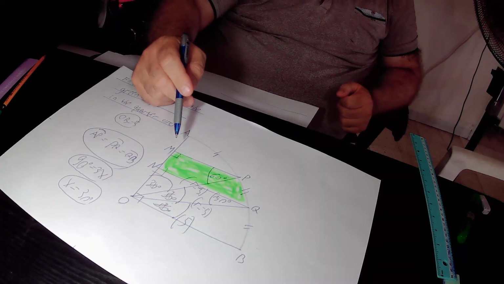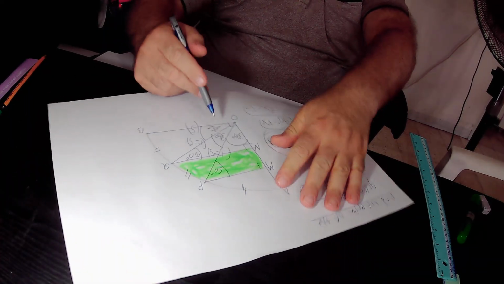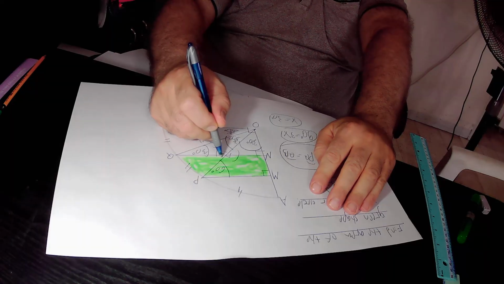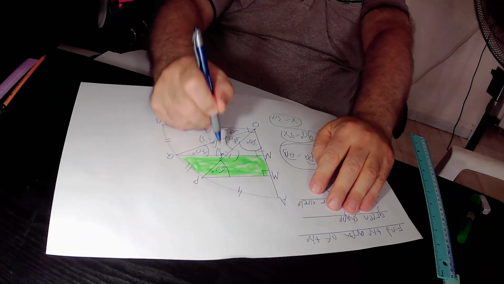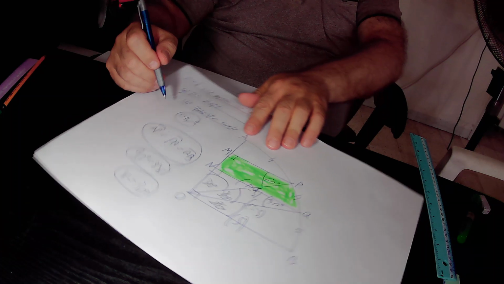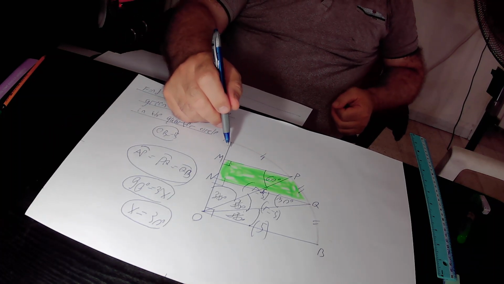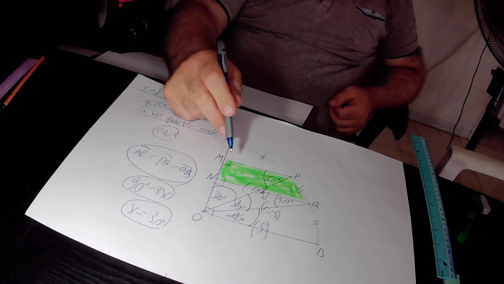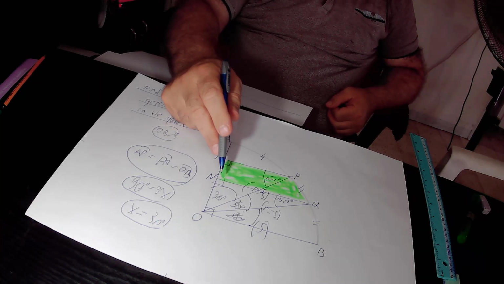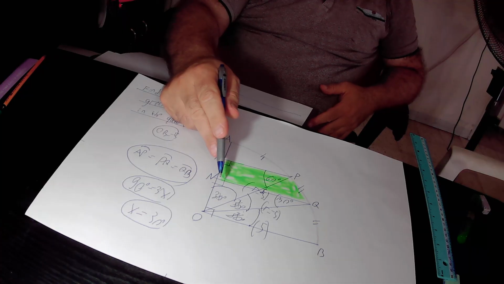You can define this point as point S. So the right triangle MPO consists of the green quadrilateral MNSP, and it also consists of this right triangle NSO.